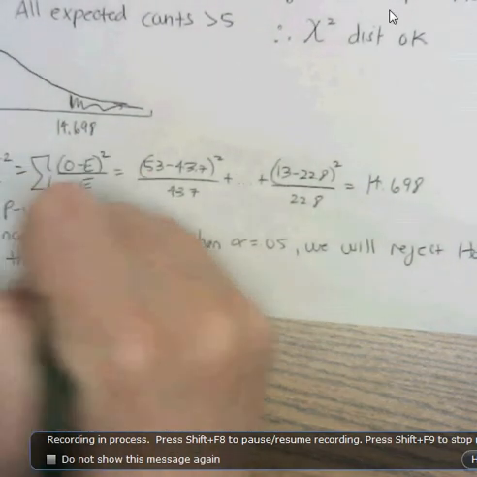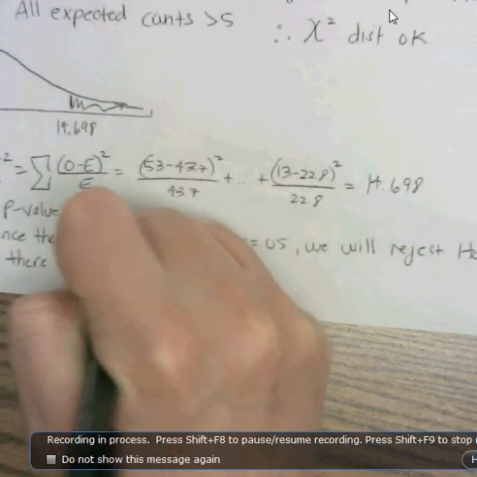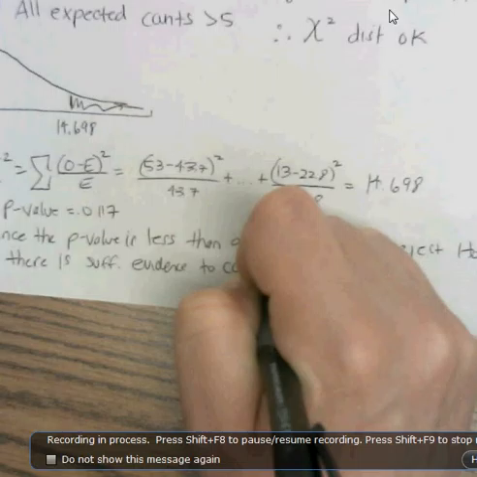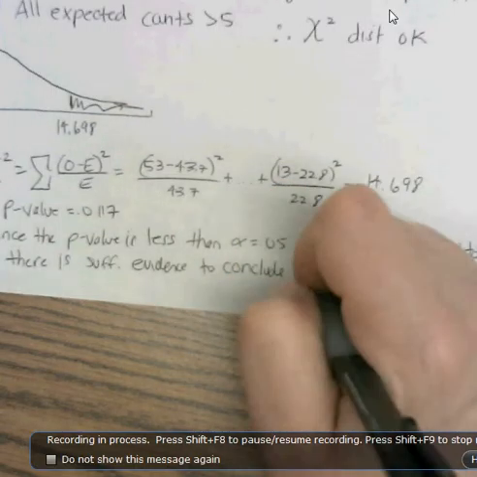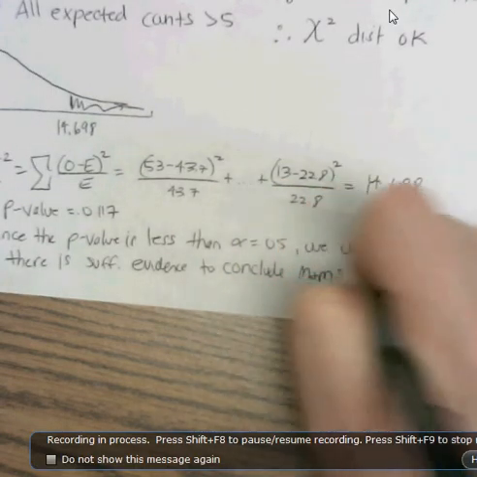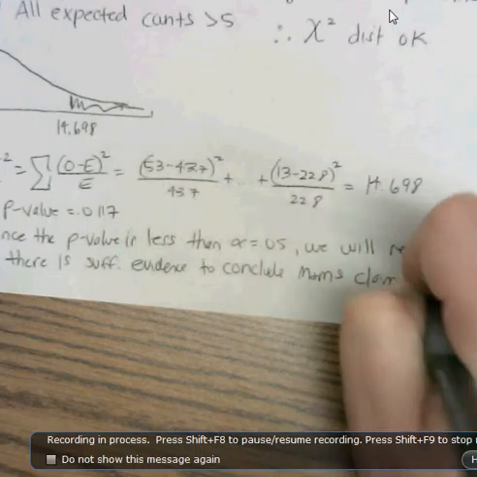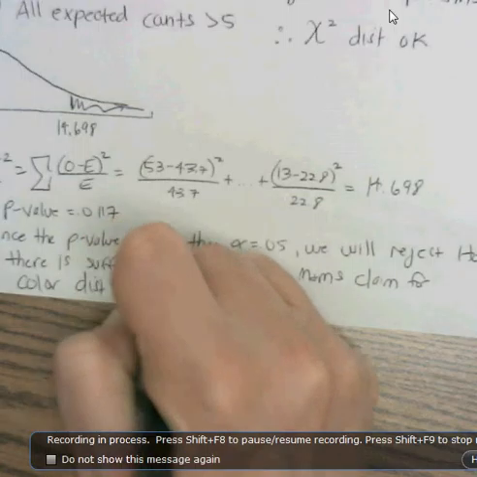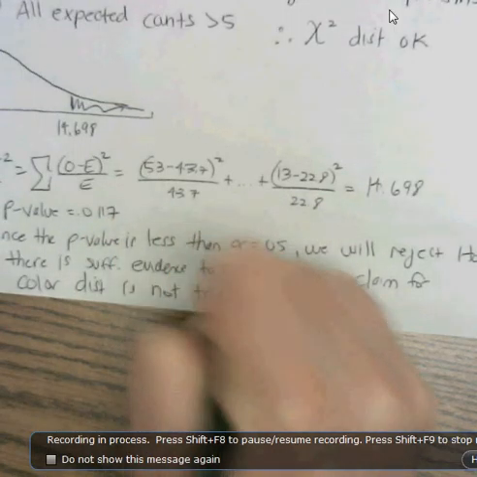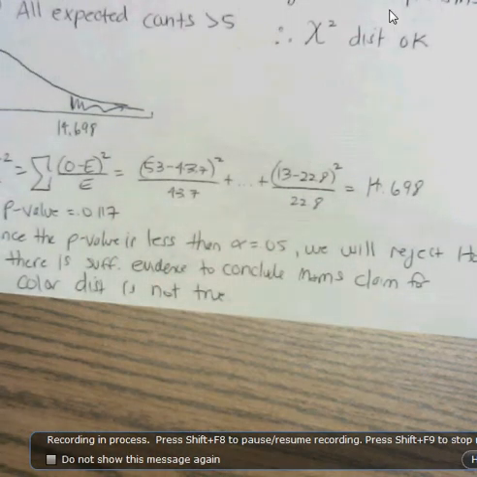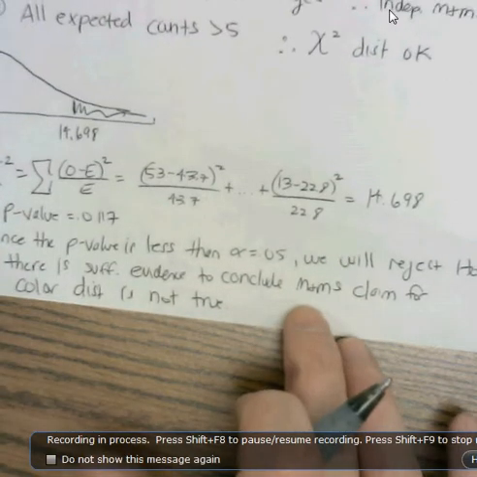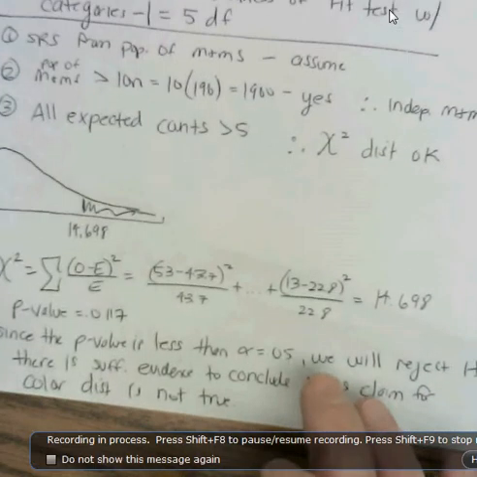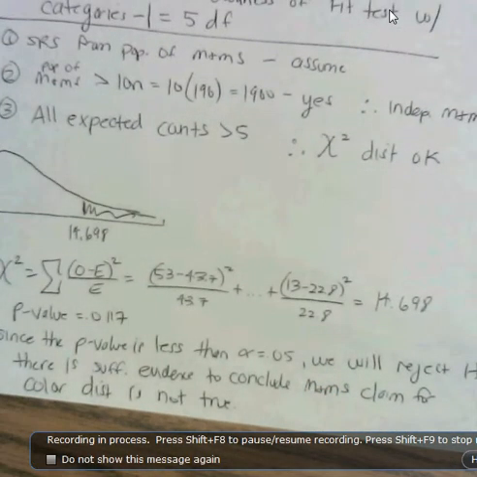There is sufficient evidence to conclude M&M's claim for color distribution is not true. We gathered enough evidence to say the alternative, that it is not true. So that's the test. That's everything run through.